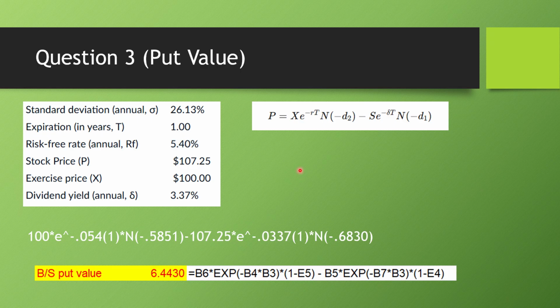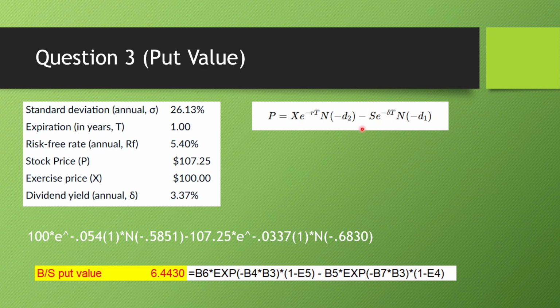For the put value, I used this equation and plugged in the variables. So here, this is the exercise price, this is exponential, then you see the risk-free rate times the time. Then you have N of negative D2. Then you have minus the stock price.